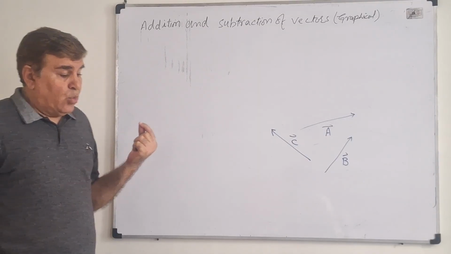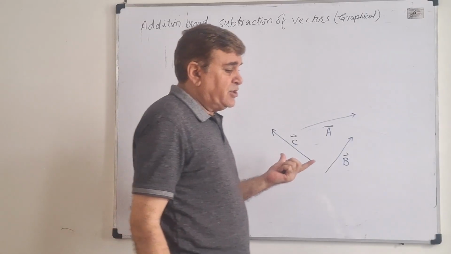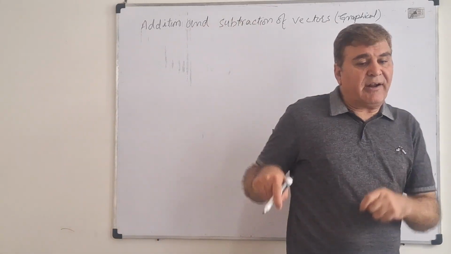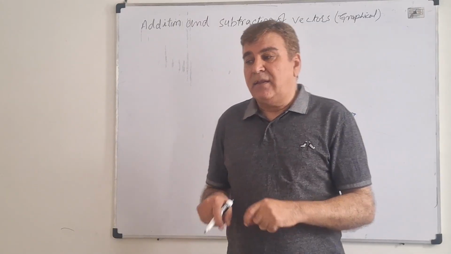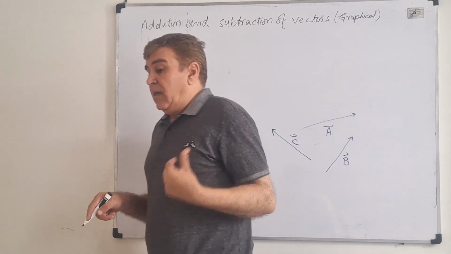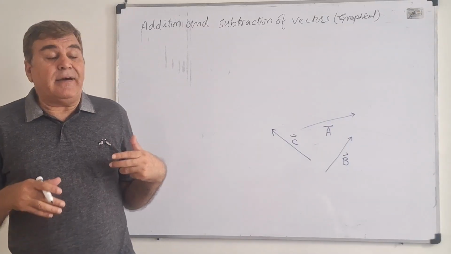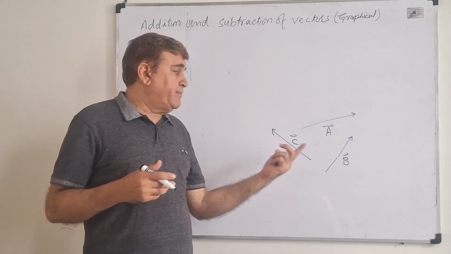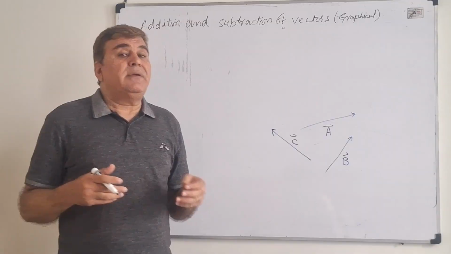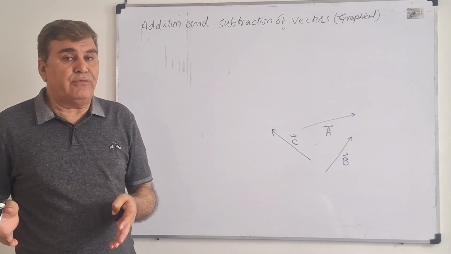And remember, we can add these vectors with each other only if they are of the same nature, meaning their dimensions are the same. So these vectors could be a given physical quantity, for example, A, B, and C representing three different forces.